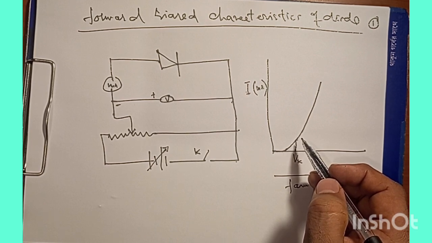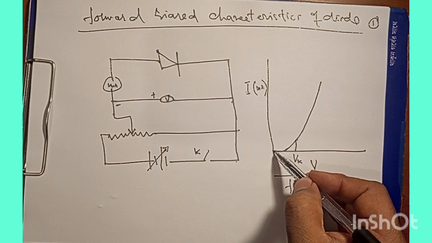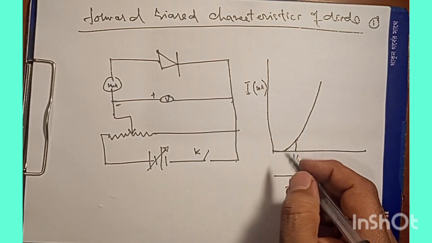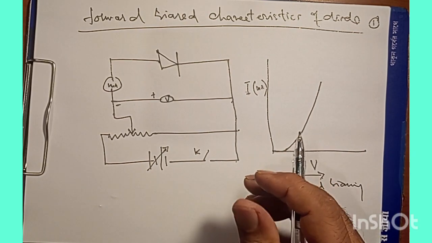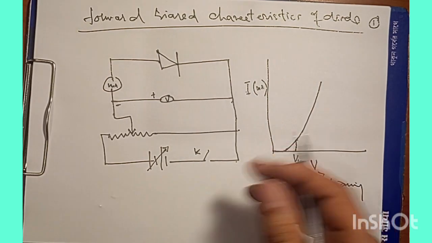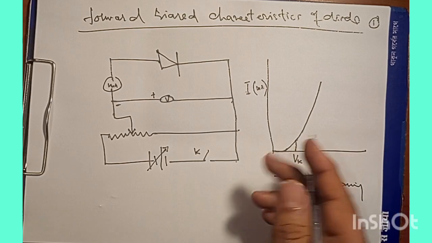In other words, a diode is a non-ohmic conductor because it does not behave in the way metals do, where we apply the potential difference and the current starts coming. Here we have a concept of potential barrier.